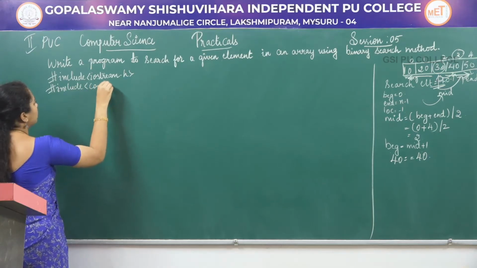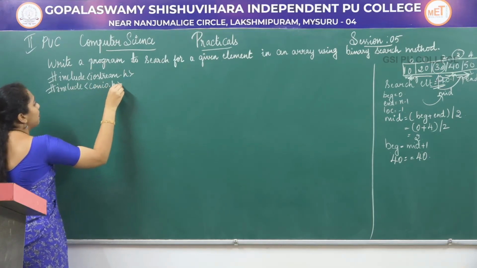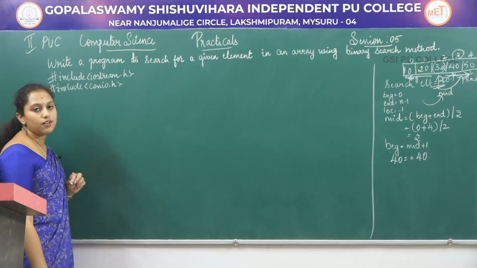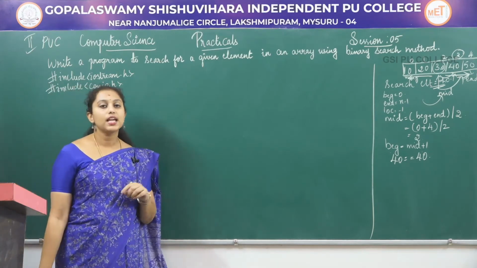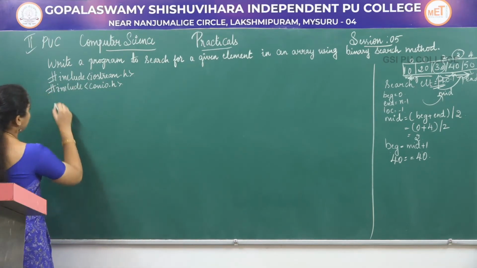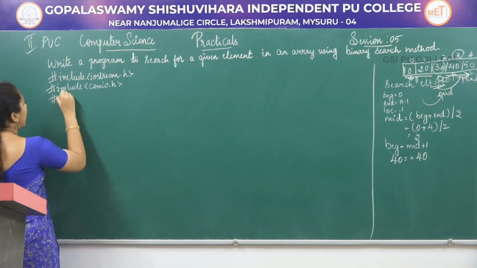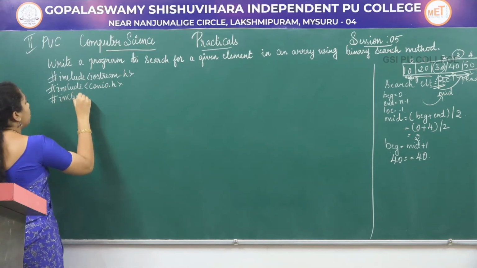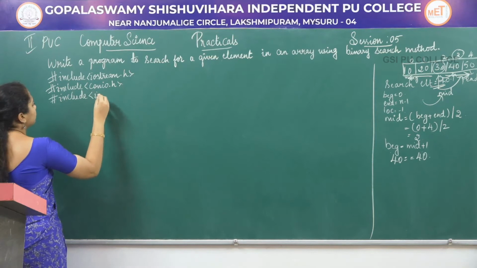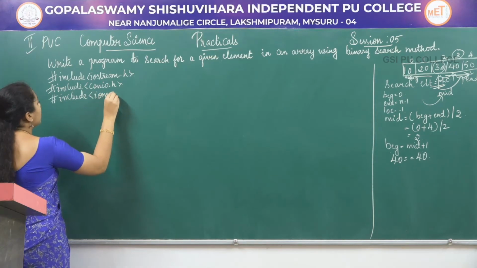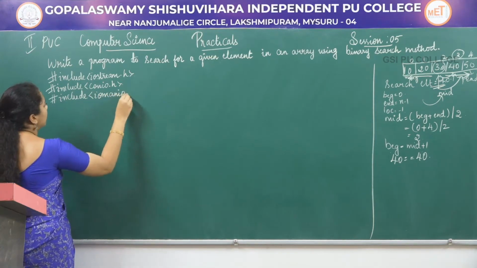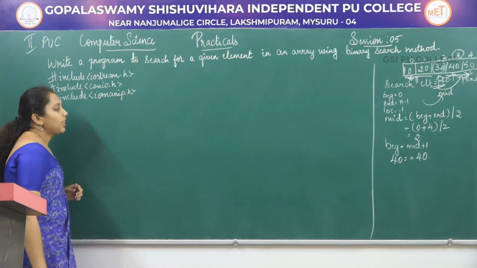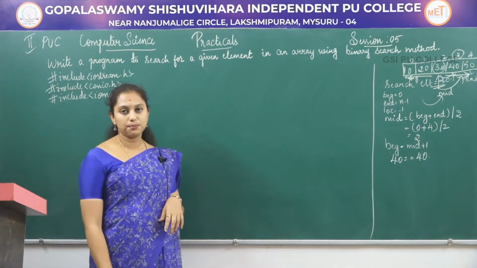This conio.h contains the basic functions required for our C++ program, like clear screen and getch. Next header file is #include iomanip.h. This header file is used to manipulate the output on the display screen.